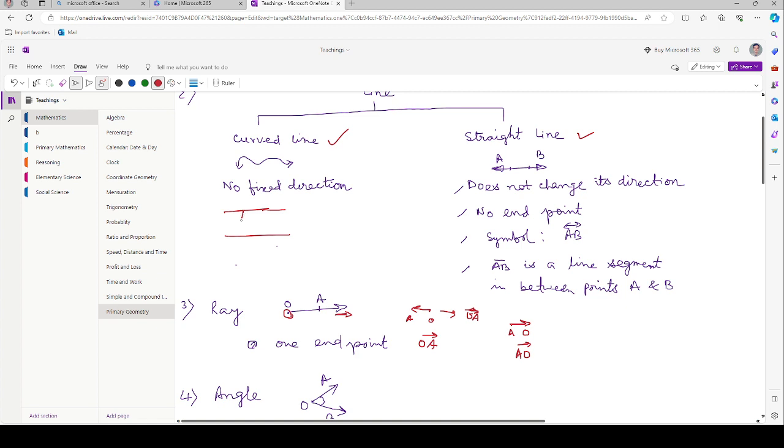The distance between two lines is always constant. These two lines, say L1 and L2. L1 parallel L2.